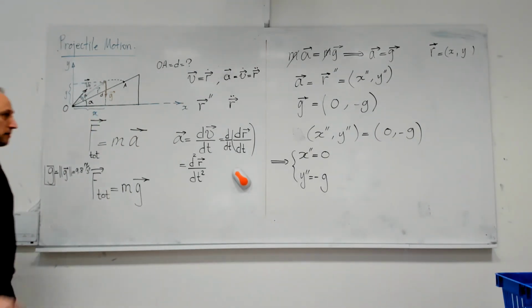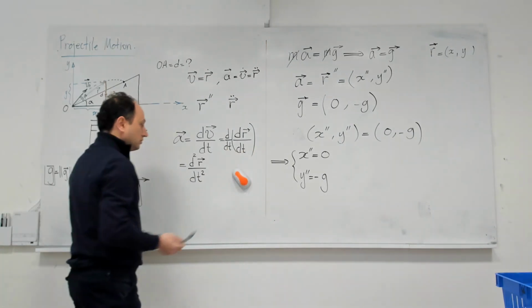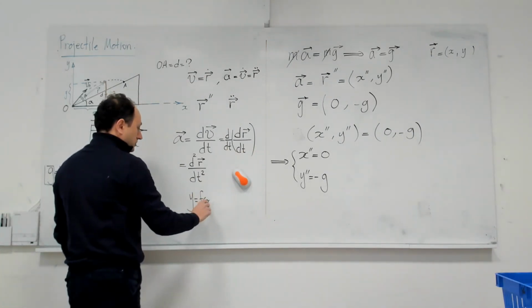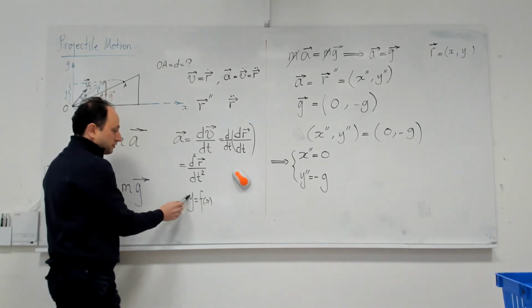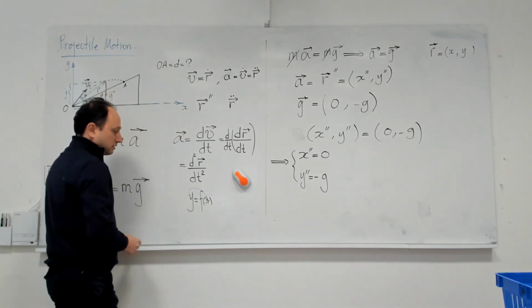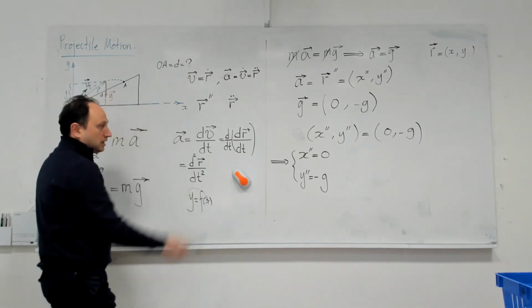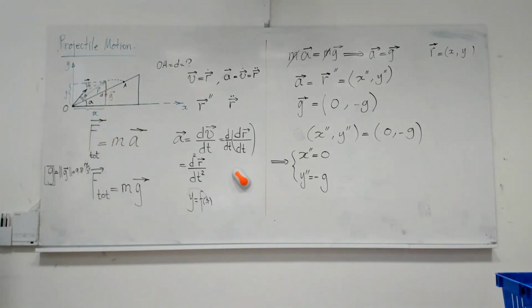But remember, what is x and y? I don't want you to get confused. In mathematics, I write y equals f of x. It means y is a function of x. This is the standard symbols that we use. But here, can I say x and y are functions? And if yes, function of what?